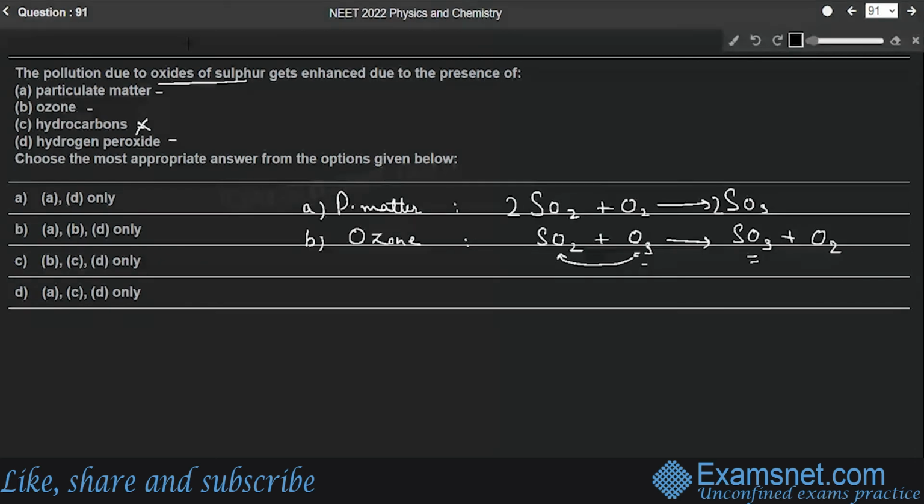Now we come to the fourth one, hydrogen peroxide, that means H2O2. Okay, so what happens when sulfur dioxide reacts with hydrogen peroxide? This time sulfur trioxide is not formed. What is formed? Sulfuric acid. Okay, again this is harmful to the environment. So which option will be correct? Option B. A, B and D only.